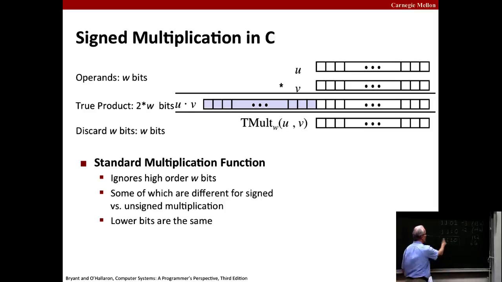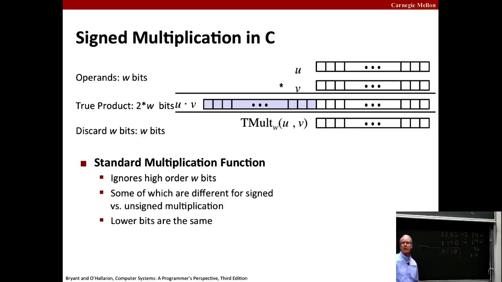And indeed, -3 times -2 is 6. So the point being, and I'm waving my hands here because I don't want to go through all the details, two's complement multiplication also gives you, if you use the exact same rules as you do for unsigned multiplication, the exact same hardware.